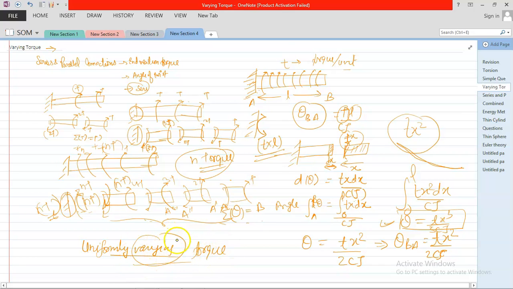You can put anything in the equation: d theta is equal to T into a function of x, dx, upon CJ. You can write like this. I hope everyone is clear with it. Any doubts?